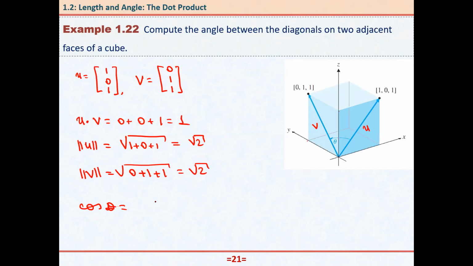That is U dot V, which is 1, over the norm of U, the square root of 2, times the norm of V, the square root of 2, which is equal to 1 over 2. And we know that if cosine of theta is equal to 1 over 2, it's just a special angle, right? That means theta is 60 degrees. Then the angle between the diagonals of two adjacent faces of a cube is 60 degrees.